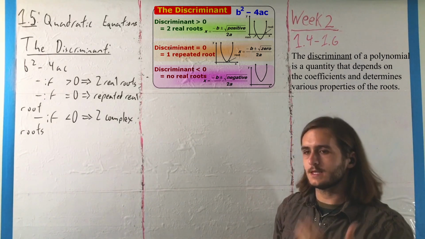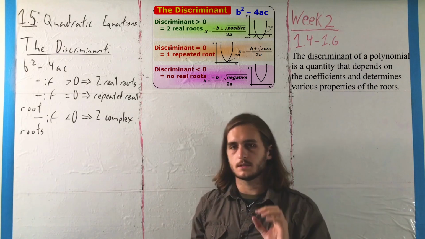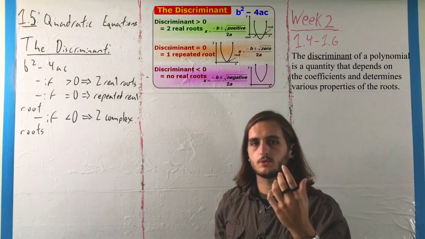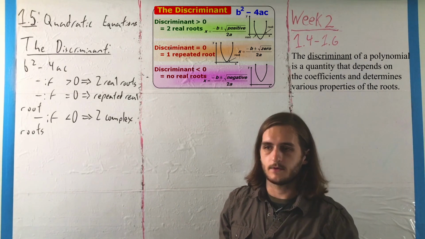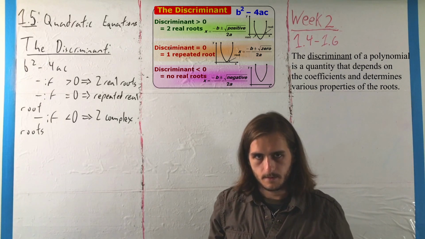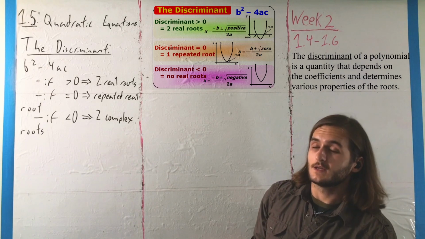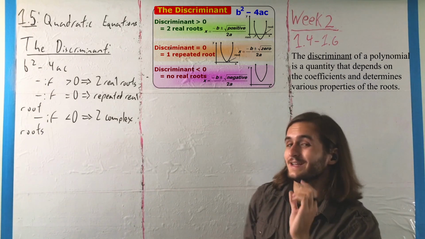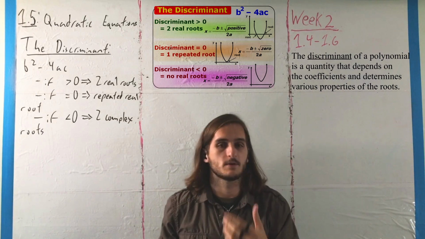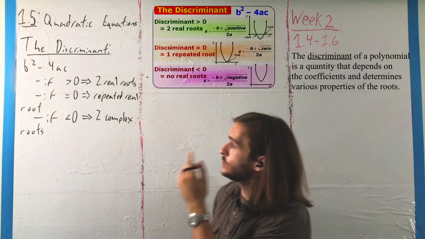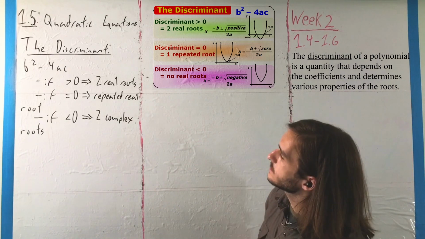Because if our discriminant is positive, what that means is in the quadratic formula, the square root will have a positive number inside of it. If the square root has a positive number inside of it, we'll end up with two real unique roots.